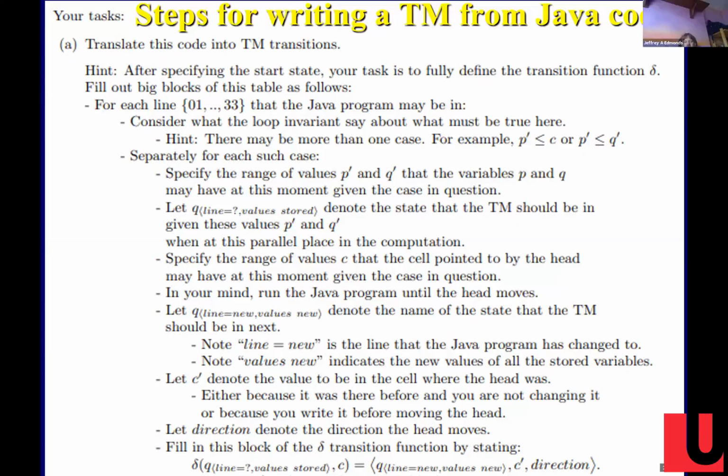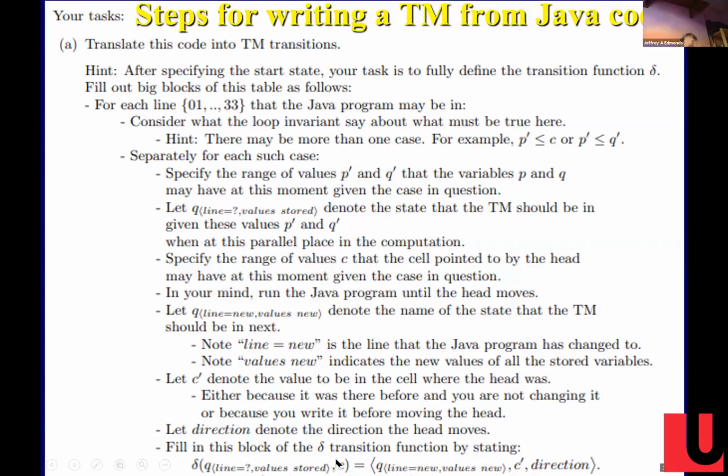All right. So this delta is a table, right? For every state it has a row of the table, right? And what's here is simply the name of the state, right?